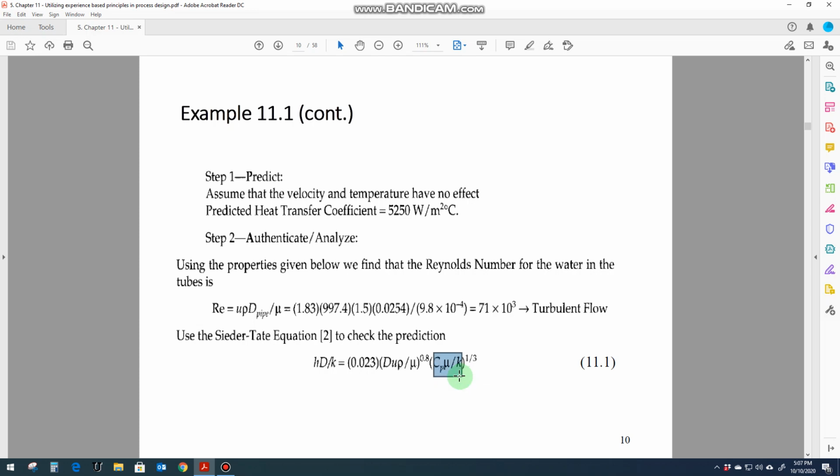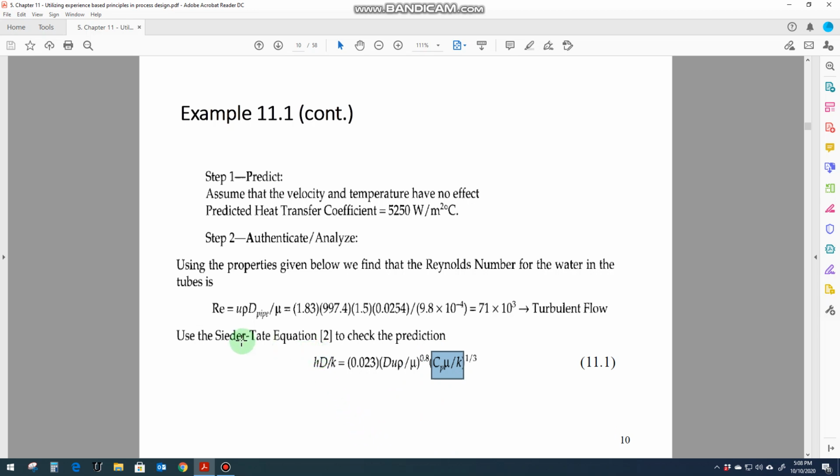Now we can use different kinds of dimensionless numbers. We have the Nusselt number in this equation, the Reynolds number, and the Prandtl number. So we are relying on the dimensionless numbers to get the value for the heat transfer coefficient.